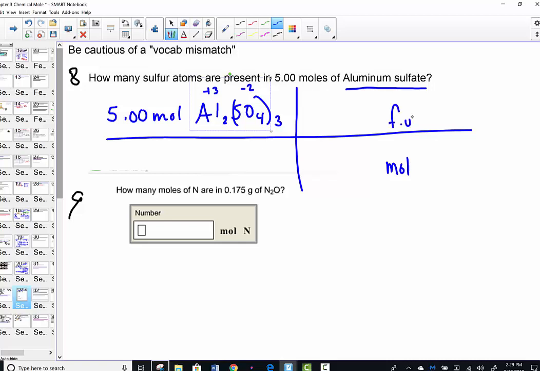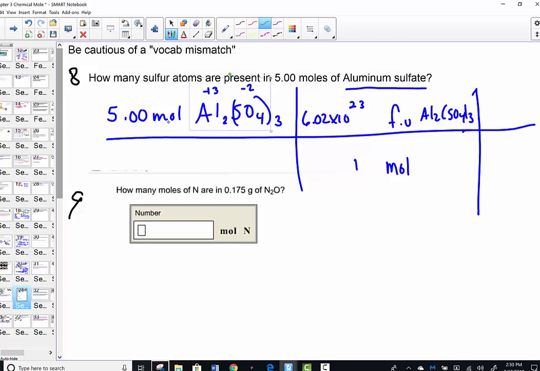It's a formula unit. Even if you wrote the word particle, and that's fine, you realize that it's a compound and not the individual sulfur atoms. I know that there's 6.02 times 10 to the 23rd formula units of my compound, aluminum sulfate, in every 1 mole. That's your first conversion factor.